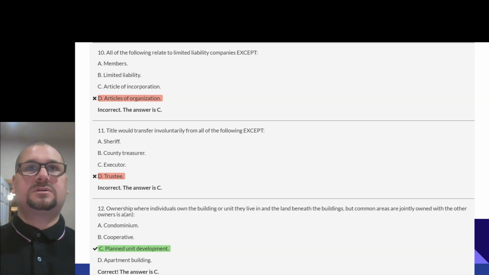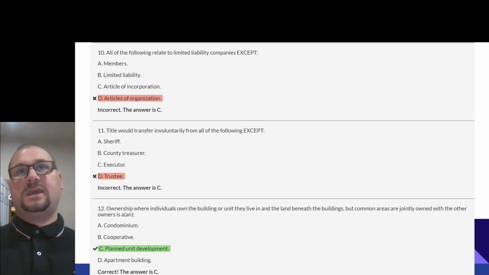County treasurer, right? Sheriff, that's a person. County treasurer, that's a person. A trustee, that's a person. Executor, right, relates to a corporation, and they're not allowed to have joint tenancy in common. So that's the title would not transfer involuntarily, right? Ownership.